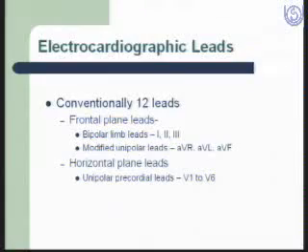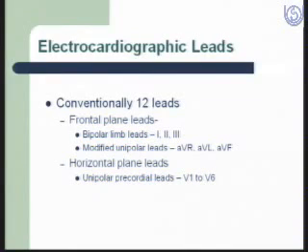Conventionally the ECG records 12 leads, which are the frontal plane leads and the horizontal plane leads. The frontal plane leads record the bipolar limb leads, which are lead 1, lead 2 and lead 3, and the modified unipolar limb leads, which are the augmented right, known as AVR, AVL and AVF. R stands for the right arm, L stands for left arm, and F stands for foot.